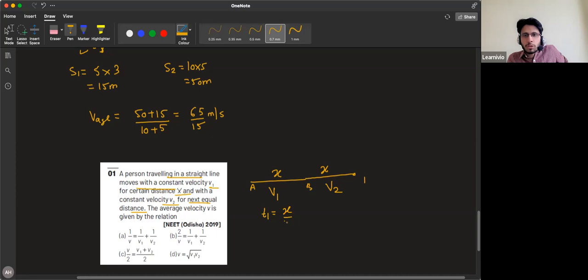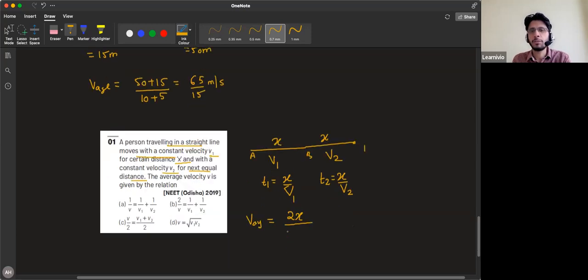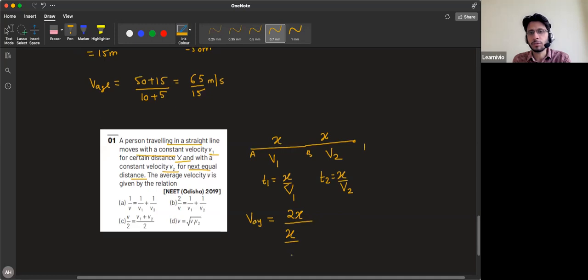So these are small questions. You should be able to solve it. T2 is x by v2. So average speed, V average, is total distance x plus x, which is 2x, divided by total time, which is x by v1 plus x by v2.